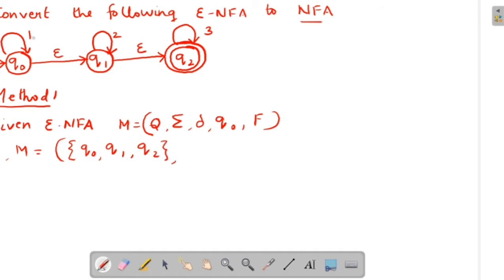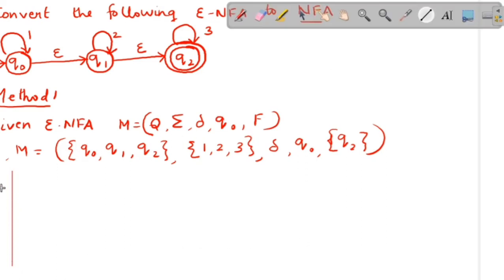Sigma is {1, 2, 3}. Then delta, the initial state is Q0 and the final state is Q2. This is the given epsilon NFA.